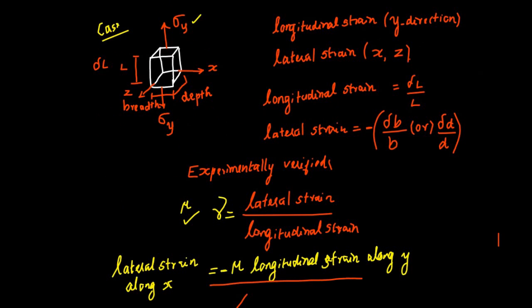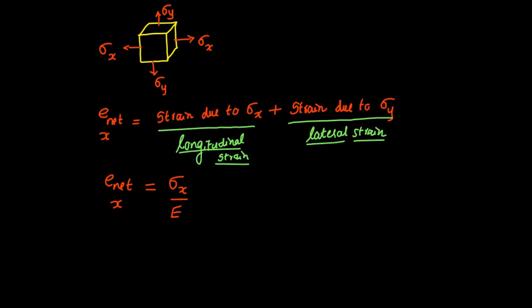It is mu times the longitudinal strain acting, in our case, along the y direction. Because there is a negative sign, I use the negative sign. Okay, fine. So this is the lateral strain and this is the longitudinal strain. So this gives the net strain along the x direction.